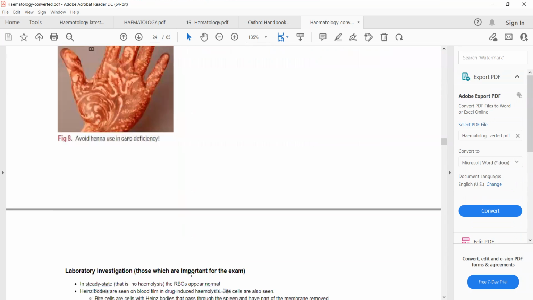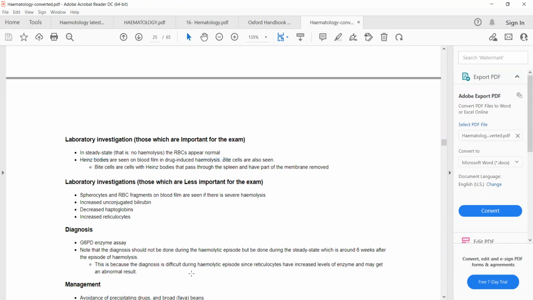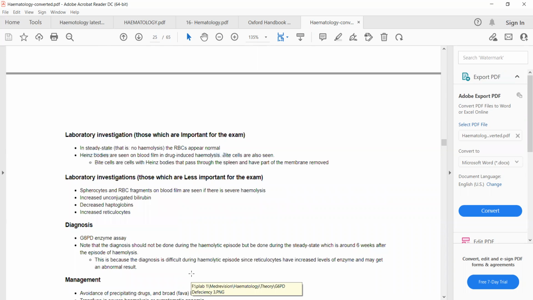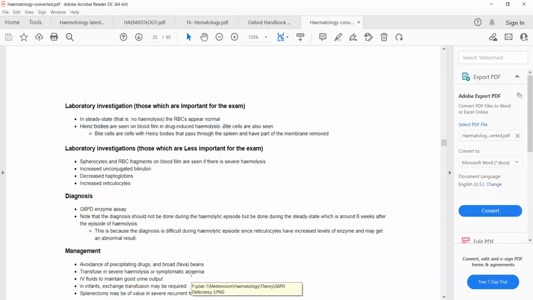So the initial investigation in case of G6PD deficiency is peripheral blood smear with complete blood count, and it will show Heinz bodies and bite cells. Also spherocytes may be present, and RBC fragments may also be seen. Spherocytes and RBC fragments can also be present in other hemolytic anemias, so they are not specific for G6PD deficiency.